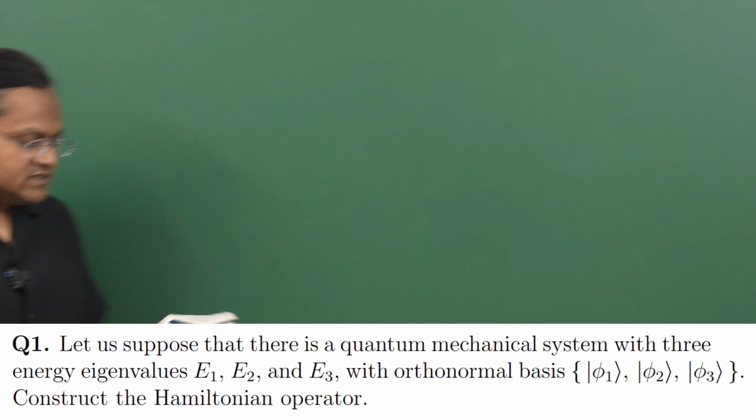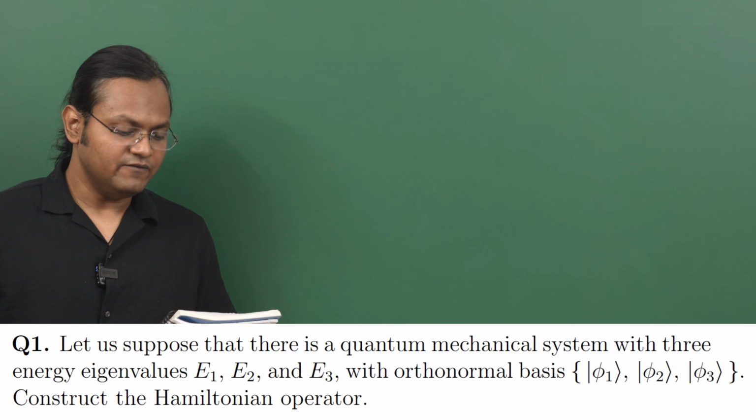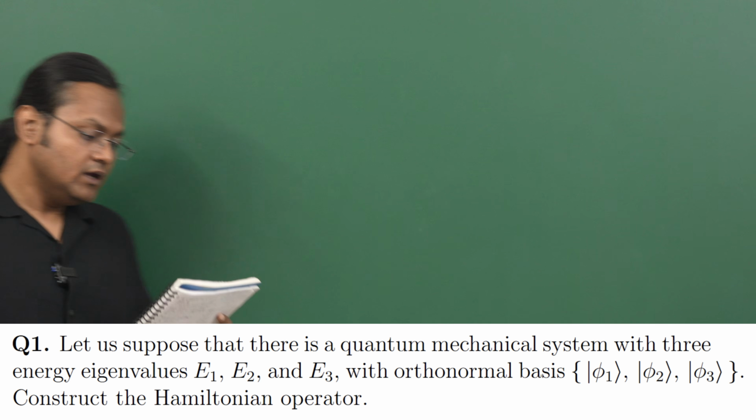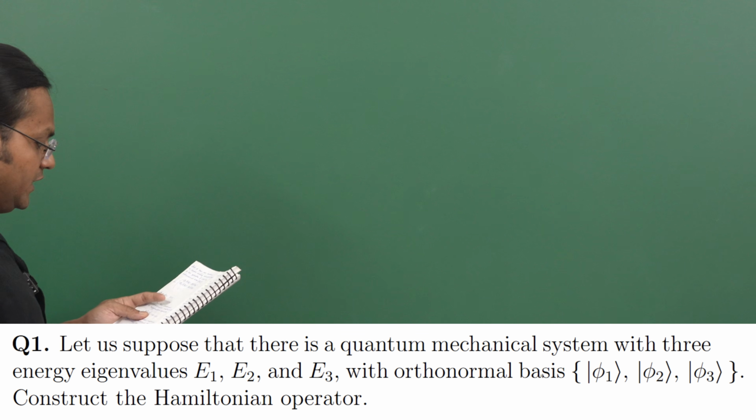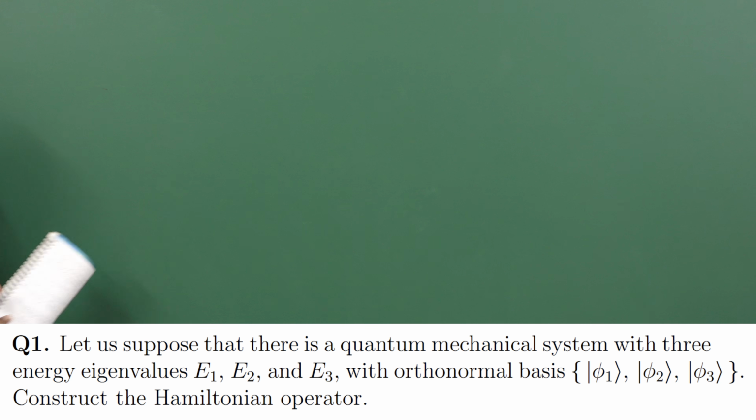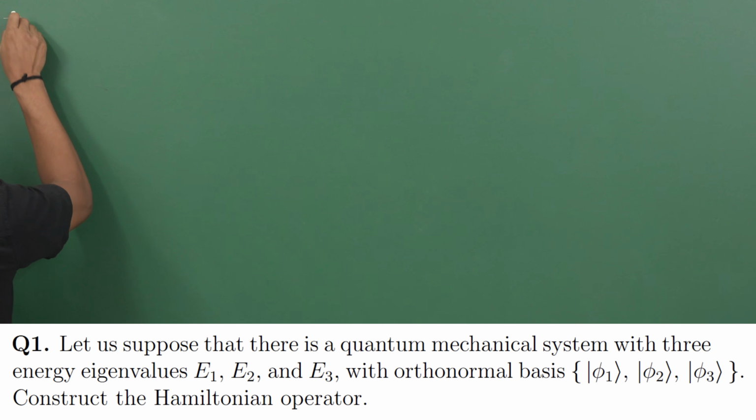So you can see a question on the screen. Let's suppose that there is a quantum system with three energy eigenvalues E1, E2 and E3. With respect to an orthonormal basis, construct the Hamiltonian operator as a matrix. All right. So this is not really that difficult a question.